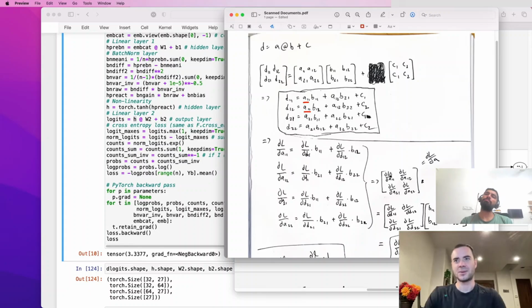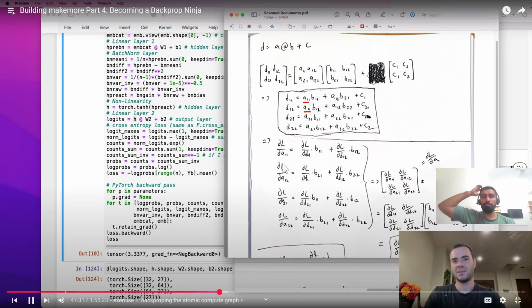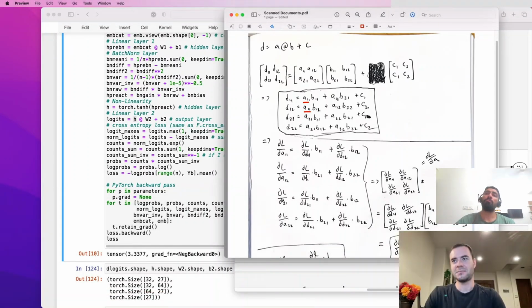It just so happens that all of these formulas that we've derived by taking gradients can be expressed as a matrix multiplication. In particular, it is the matrix multiplication of these two matrices, multiplying B, but B transpose actually. You see that B21 and B12 have changed place, whereas before we had B11, B12, B21, B22, so this other matrix B is transposed.